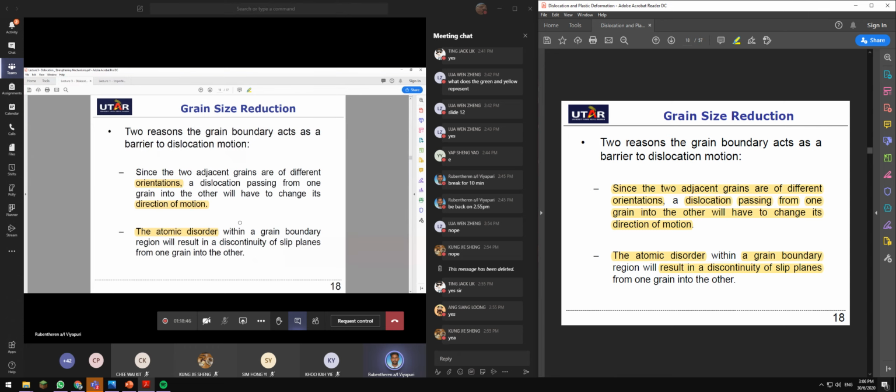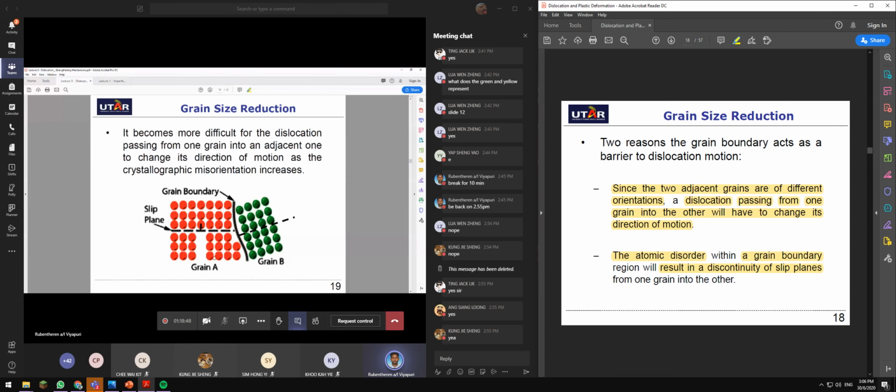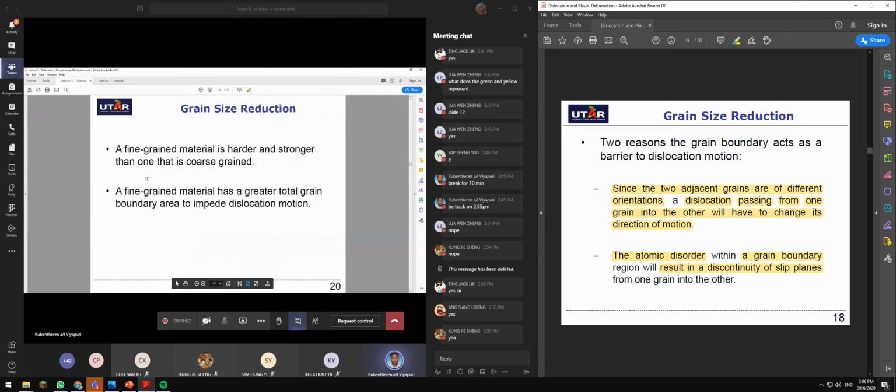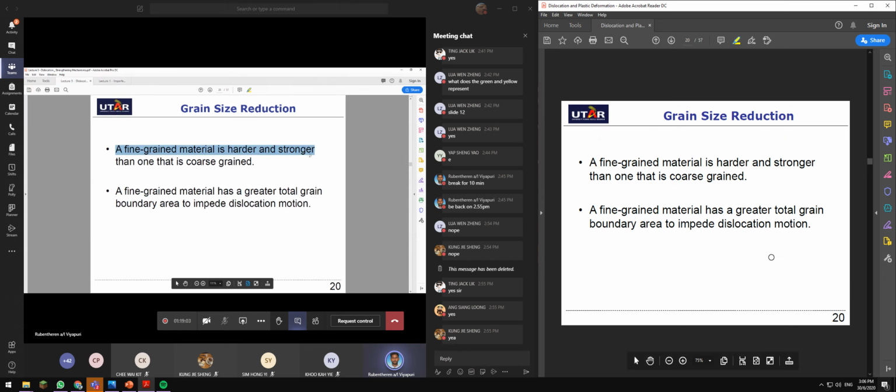So when the grain size is smaller, the grain boundary area will increase. This is the key point. A fine grain material is harder and stronger than a coarse grain one.